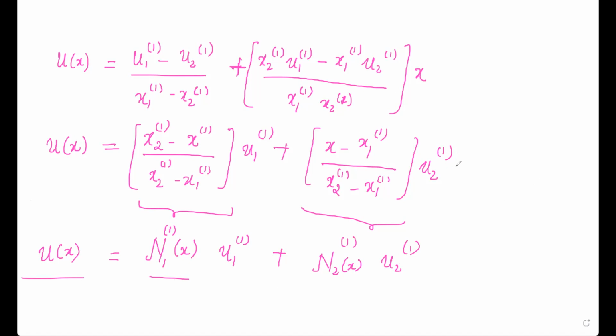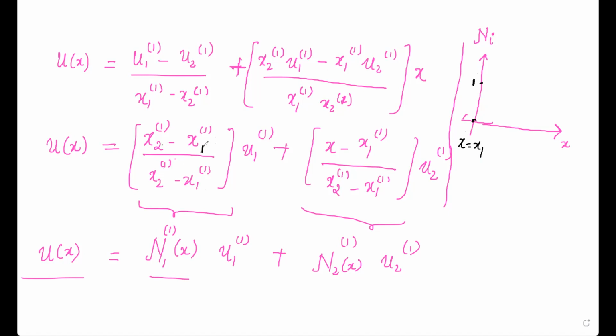Okay, so if we look at these n1 and n2, first of all, see n1. Let me suppose this is our x-axis, and this is our y-axis, or this is ni. We are plotting on this side. I goes from 1 to 2. So if we look at this n1, at x is equal to x1, this becomes x2 minus x1 over x2 minus x1, so ni at x is equal to x1 is equal to 1.